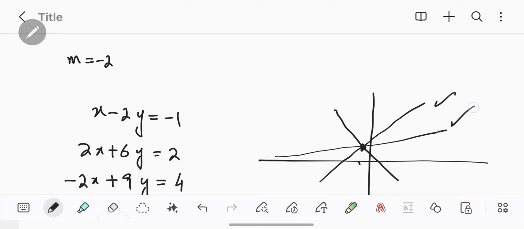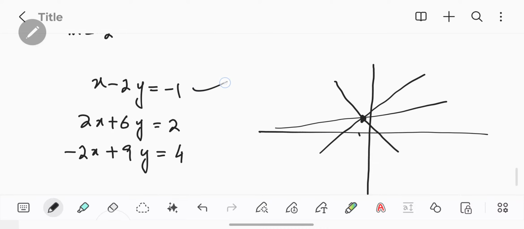I don't know if these are the correct graphs, but you can use GeoGebra to make these three lines, because this is one line, this is another line, this is another line. You will put these lines in GeoGebra, and you will get three different lines. They must intersect at this point.